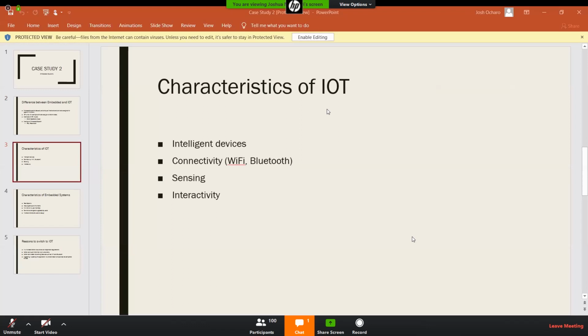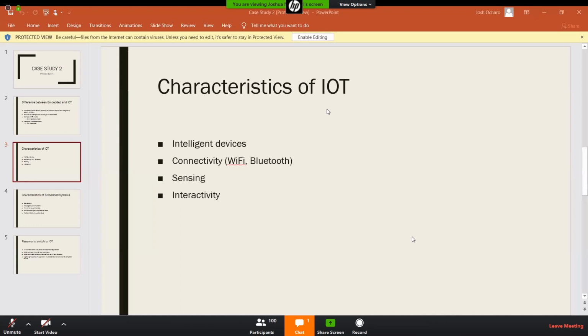Interactivity, in that it is more interactive than the embedded systems, in a way that you can interact with them and send more inputs, such as, let's say, your smart house. You can set the temperature of the house if you are connected.